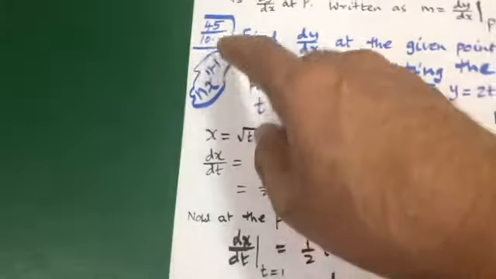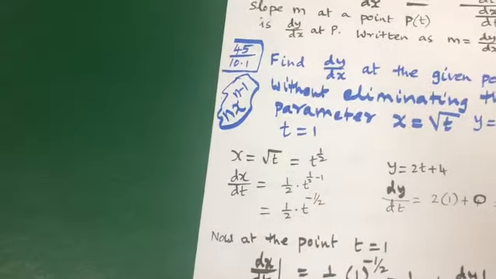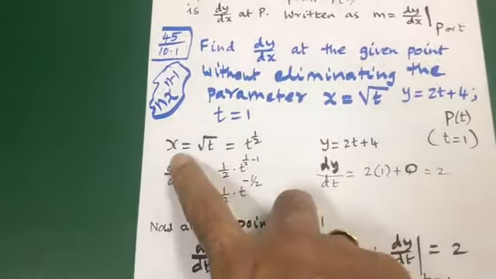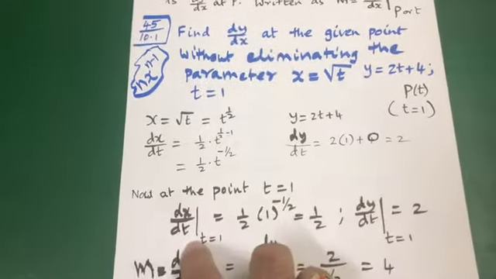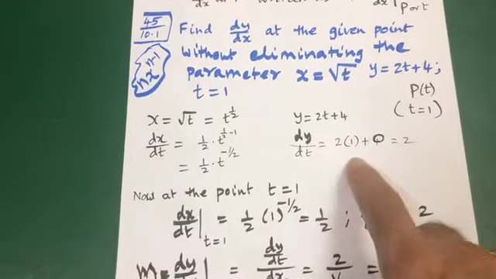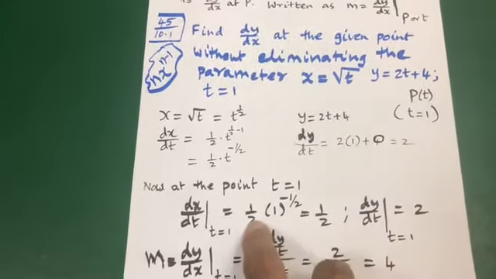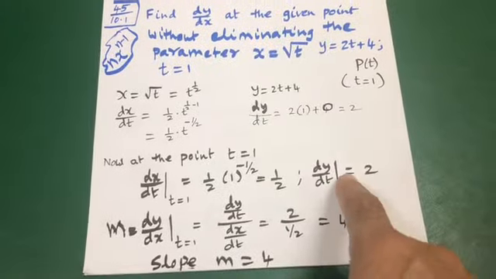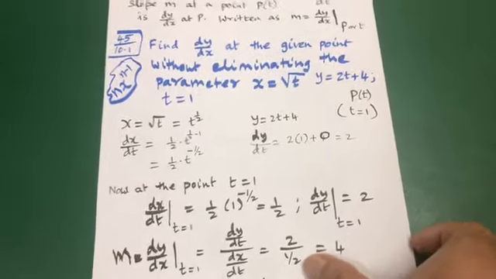That way we say. So you find the x derivative, dx over dt, and then put the point; you find the y derivative and then put the point t equal to 1. Divide this by this and it will give you 4. This is the answer. Let us do one more problem.